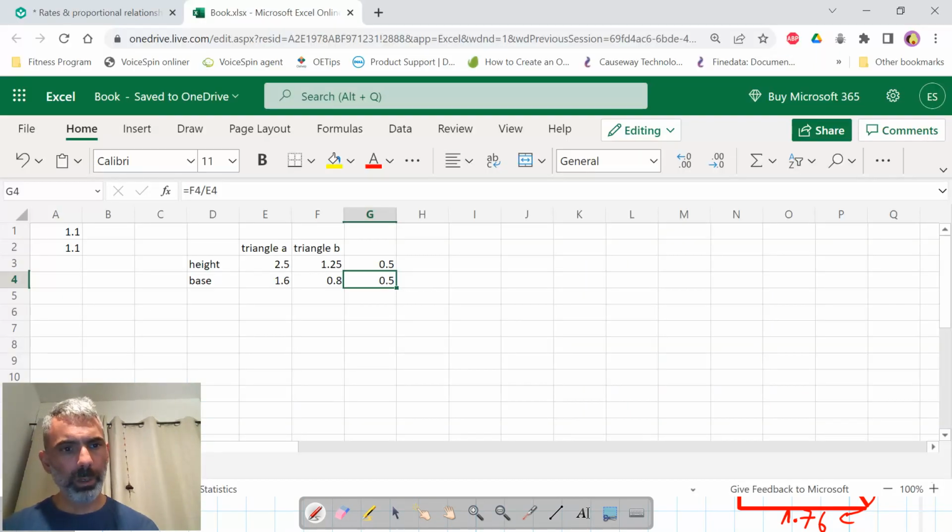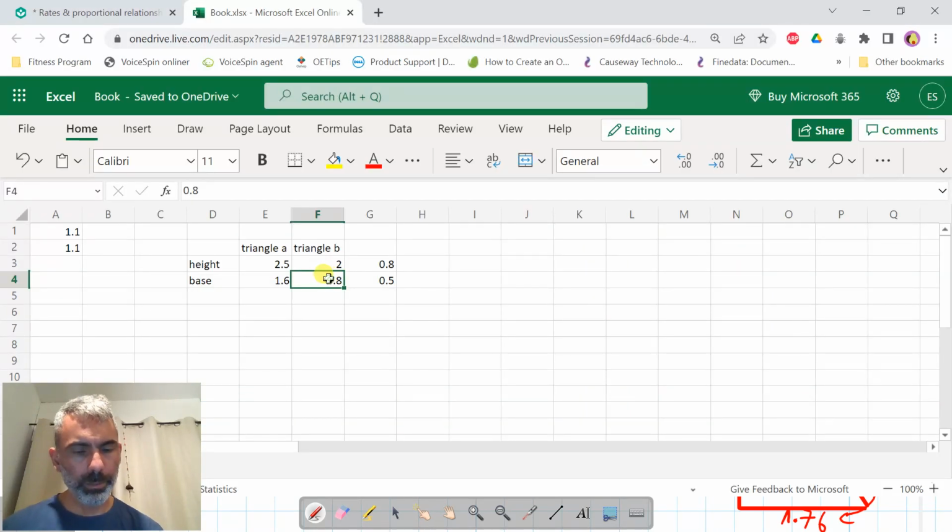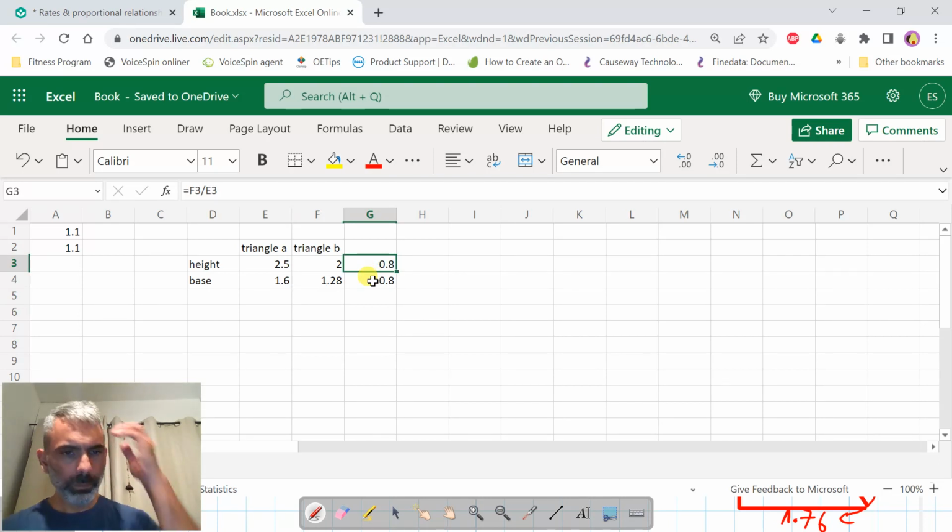And here we have a height of 2 centimeters and the base of 1.28. Okay, and we see that when we divide 2 divided by 2.5 is 0.8 and here 1.28 divided by 1.6 is 0.8. So the scale factor is the same.